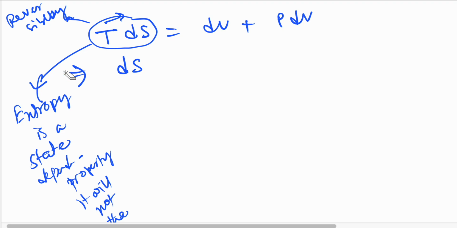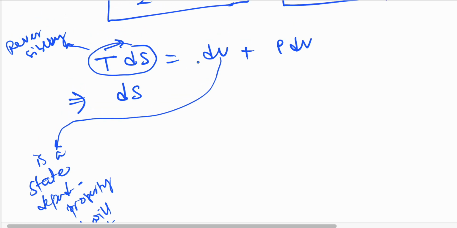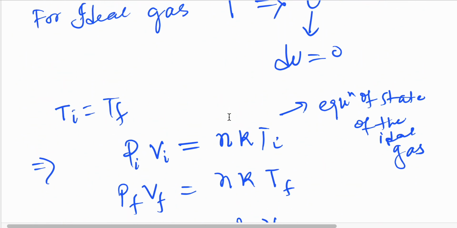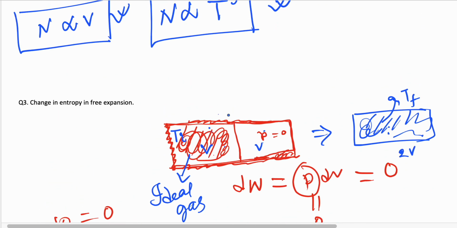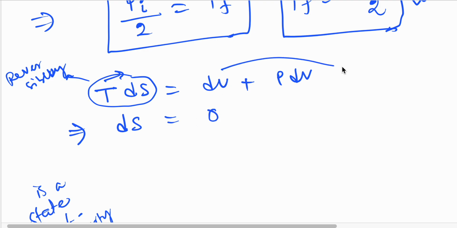Sorry, here entropy is not the point. Here dU, what I mean, dU is a state dependent property. So the change in internal energy does not depend on which path the system goes from here to here. That means in this process also dU will remain 0, since it is a state dependent property.